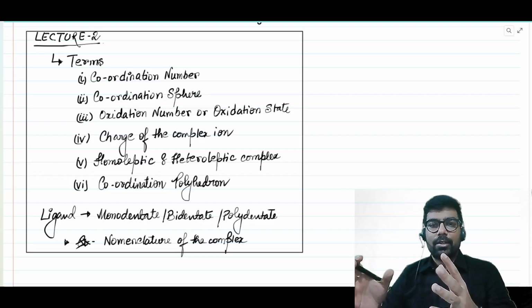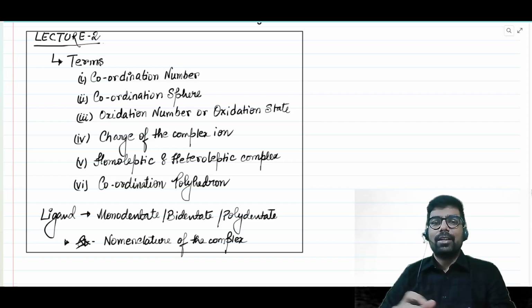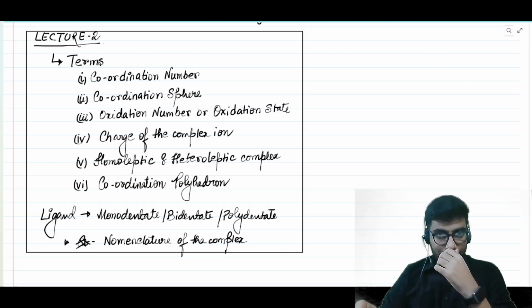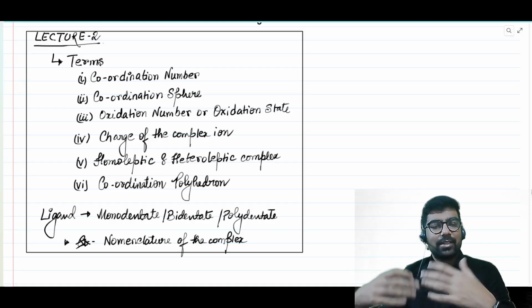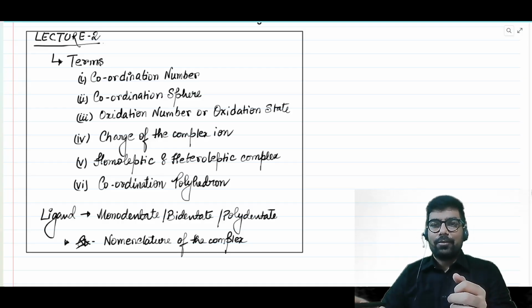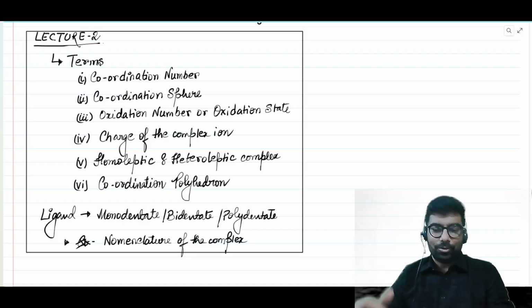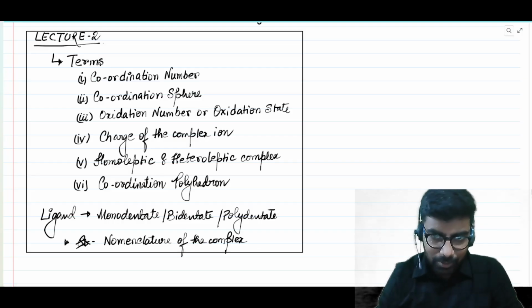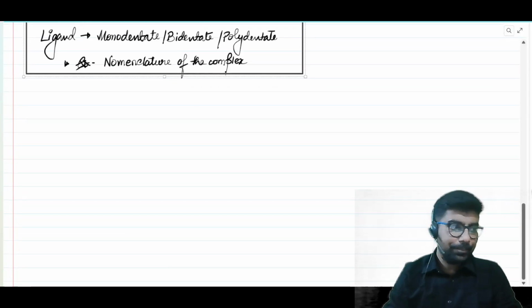It is very important to clear the basic concepts as we move further, so that you don't have any doubt, right? So you know that well. Put your pens and notebooks ready. Just take running notes, try to understand it, and revise after you have completely watched the class. Without further ado, let's start off with the first one, that is coordination number.